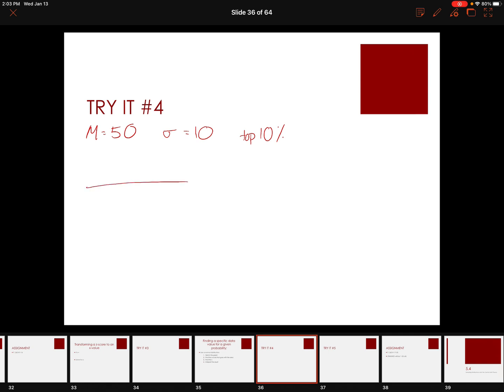So first, I want to go ahead and sketch my graph. Top 10%, that sounds like it's going to the right, which means this area would need to be 10%. 10% means that 1 minus my area, since it's to the right, gives me an area of 0.9 to look on the chart.